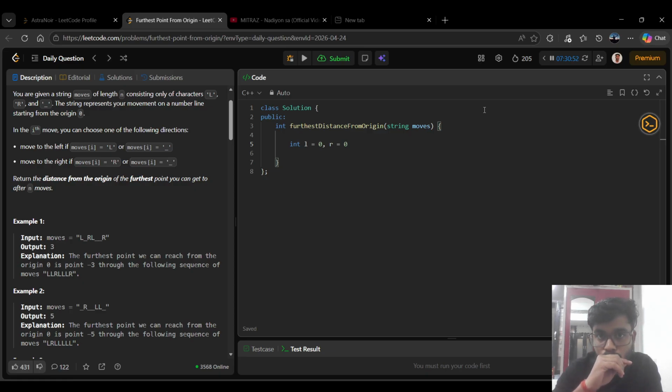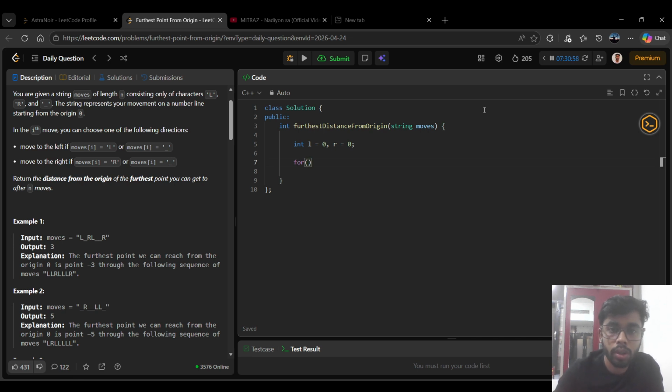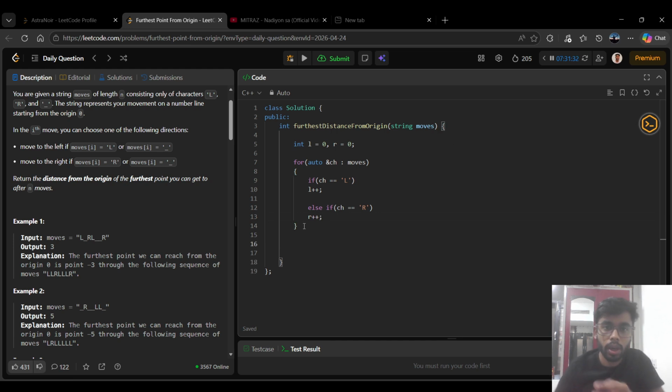Now we can count: for auto ampersand char ch in moves, if ch equals L, L plus plus, else if ch equals R, R plus plus. So we have got this.